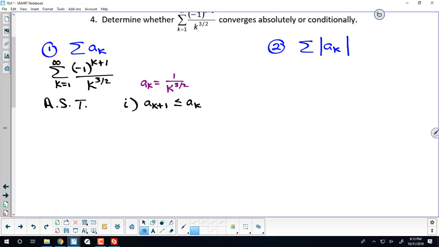So we're trying to answer the question then, is 1 over the quantity k plus 1 to the 3/2, what is that in relation to 1 over k to the 3/2? Is it less than or greater than? It's less than. Do you all agree with that?